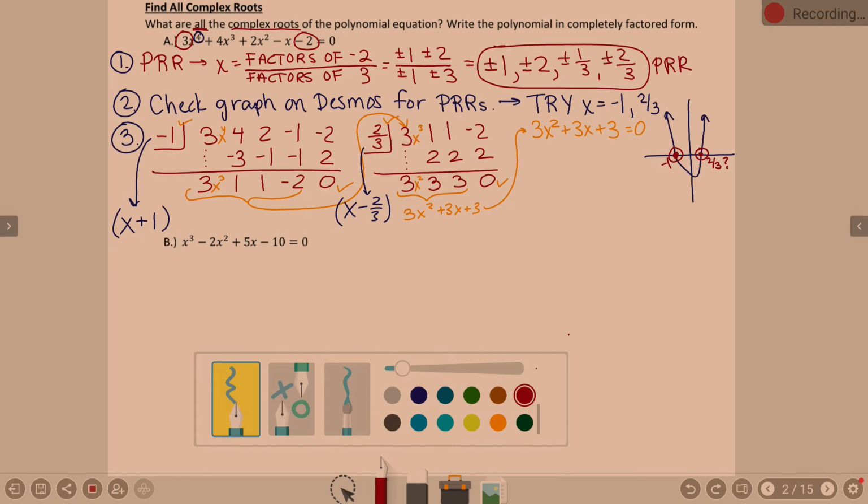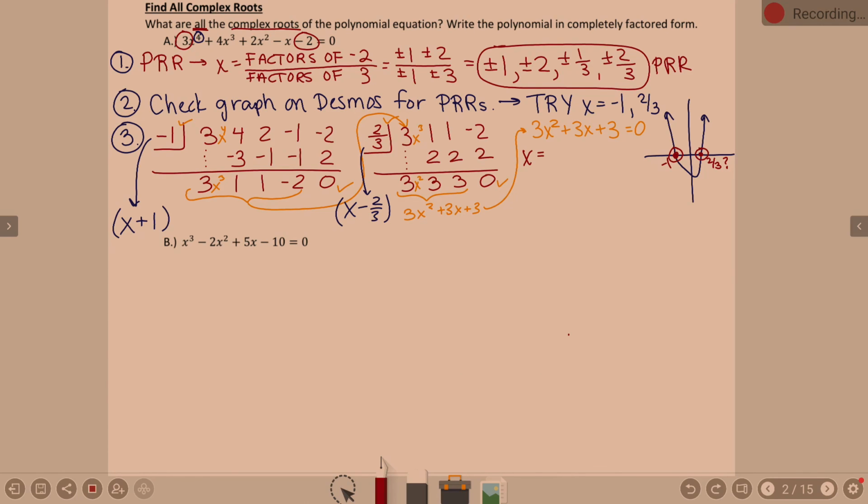Okay. x equals. Do you want to use the 3s or do you want to make this a little easier? Easier. What do you notice about everything in this equation? You can divide all by 3. Is it an equation? Sure. Does it equal 0? Can you divide 0 by 3? Absolutely.